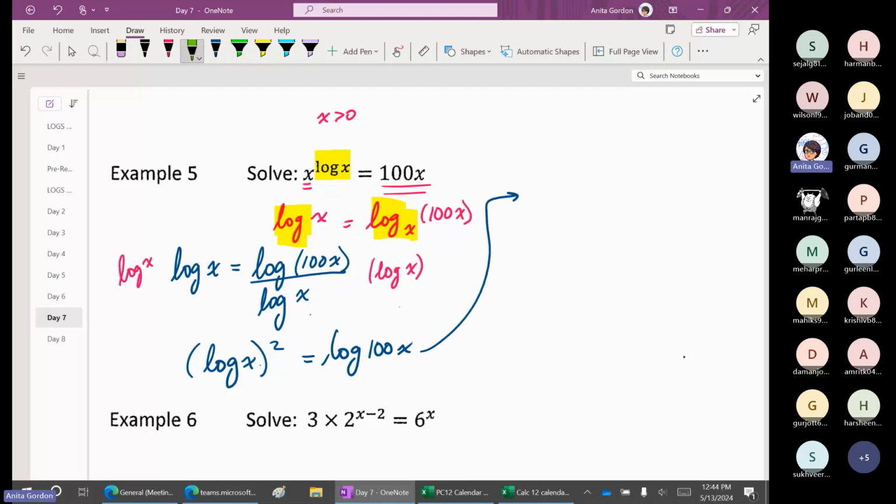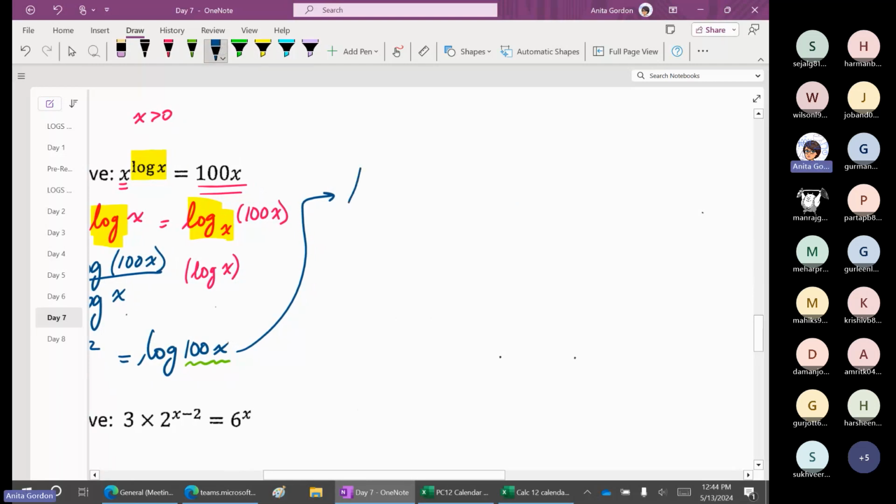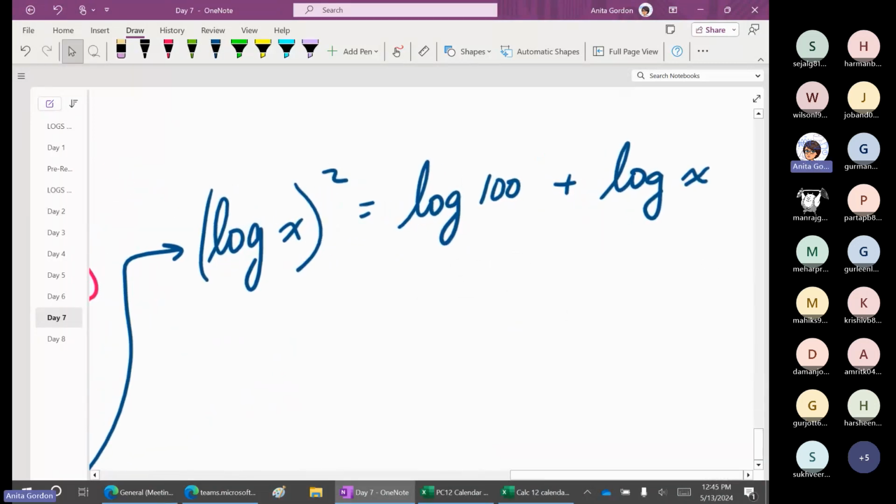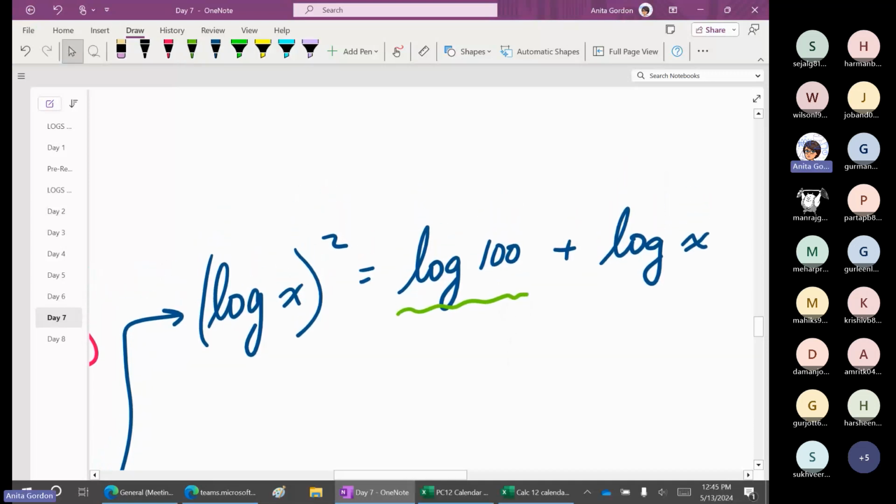I'm going to use the product rule to split this into two things. This is going to give me (log of x) all squared equals log 100 plus log of x. Zoom in on this one. What is this base? This is a base 10.